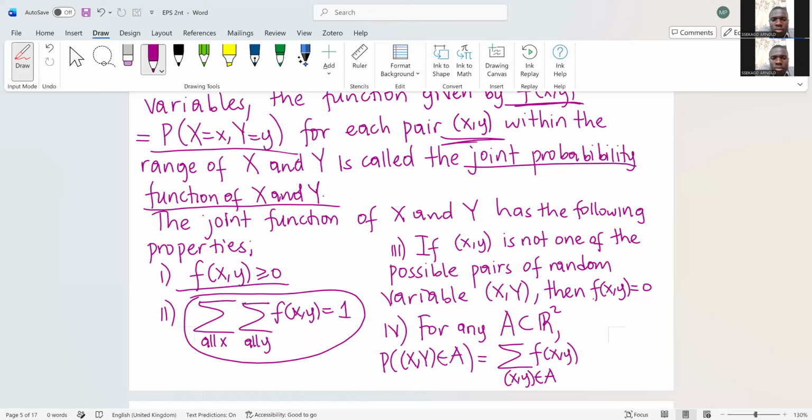Property 1 is non-negative, property 2 is that total probability is 1.